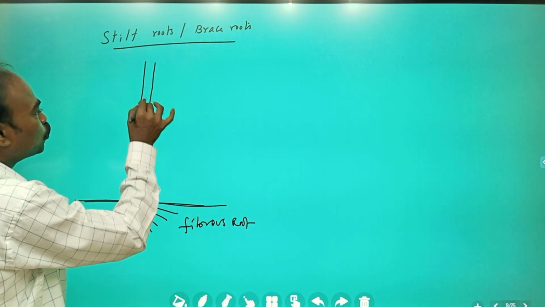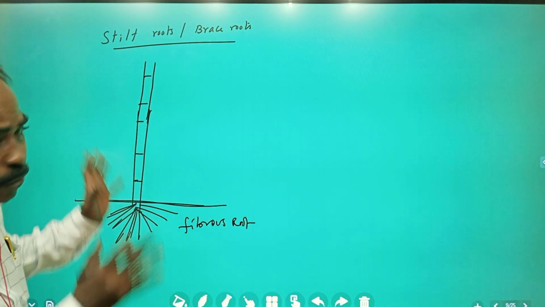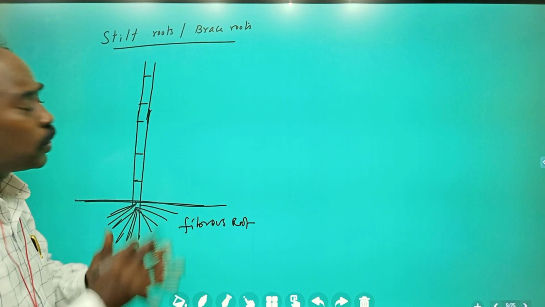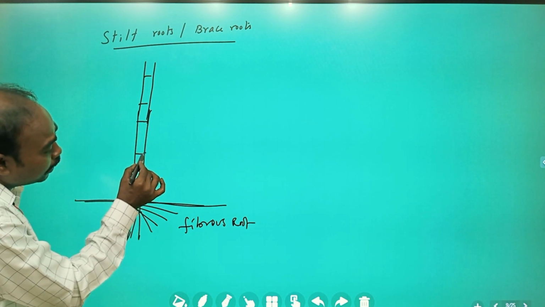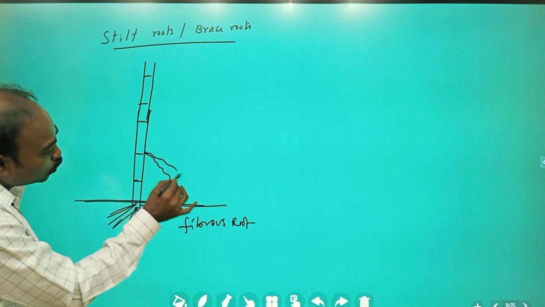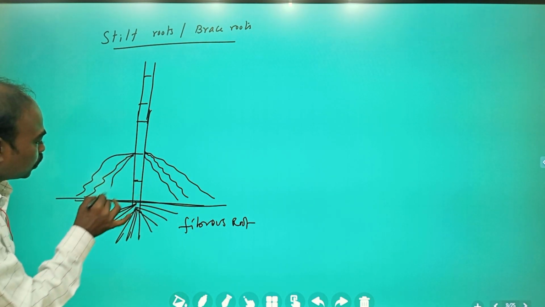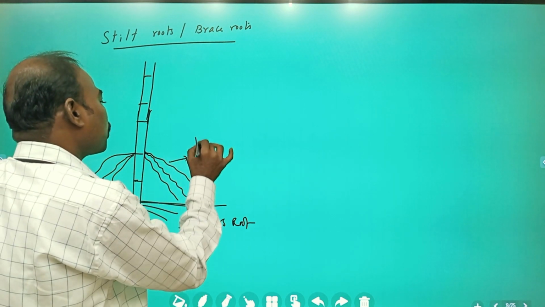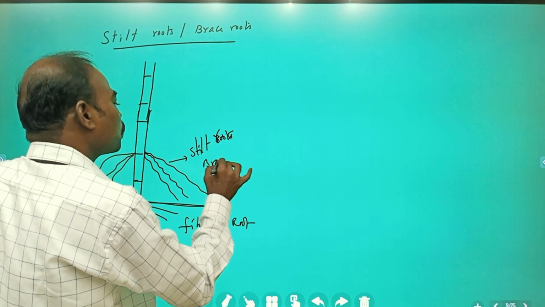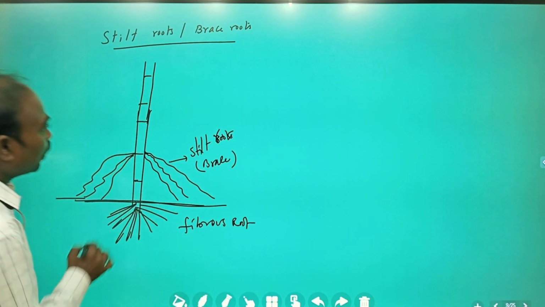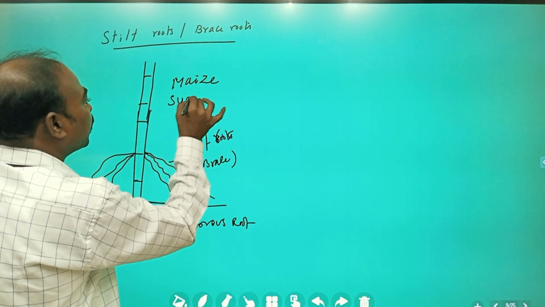They have linear stems with nodes and internodes, and to give additional support to these weak stemmed plants, from the basal nodes specialized roots are developed and give additional support or protection to the plant. These roots are called stilt roots or brace roots. Example, maize and sugar cane.